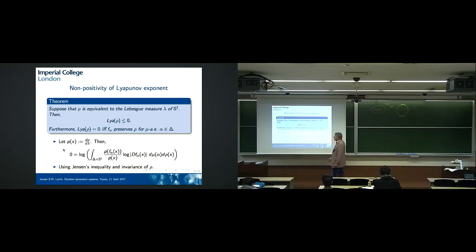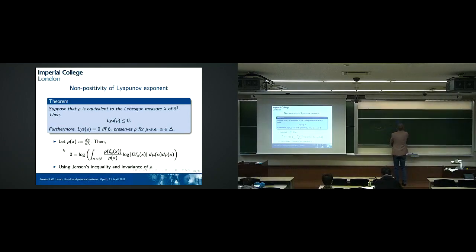So we have a function that is the density, and then we basically analyze a certain expression and use Jensen's inequality. So let me see if we have time to do that. It's a nice exercise.